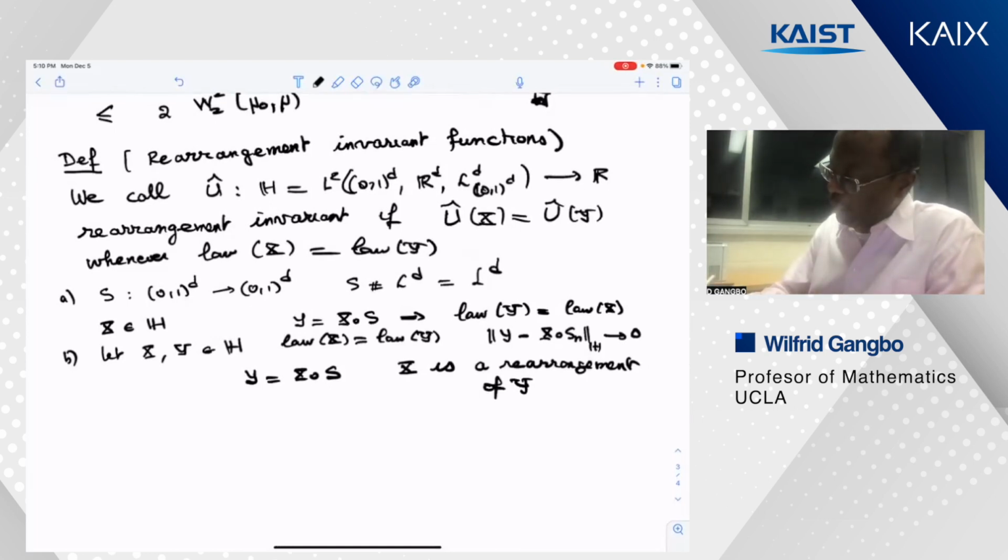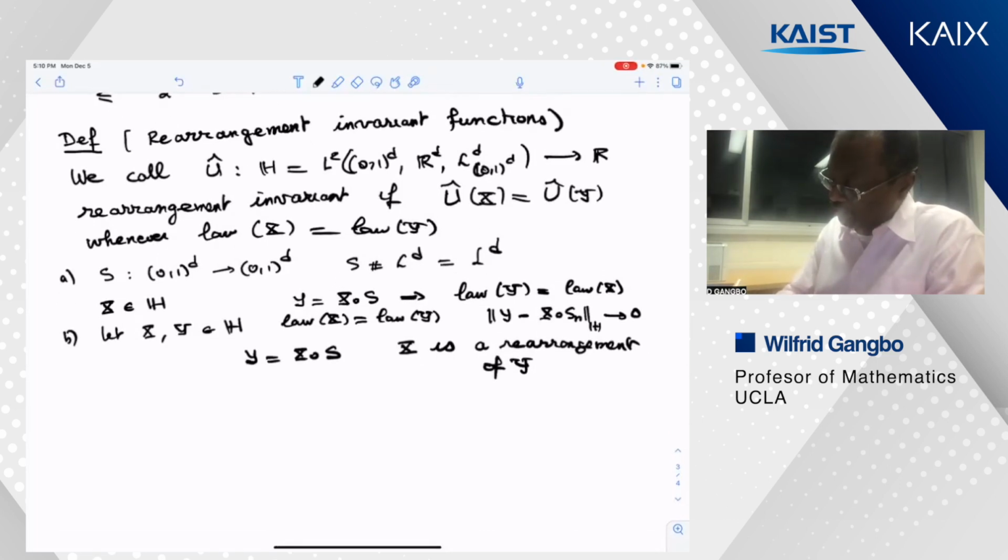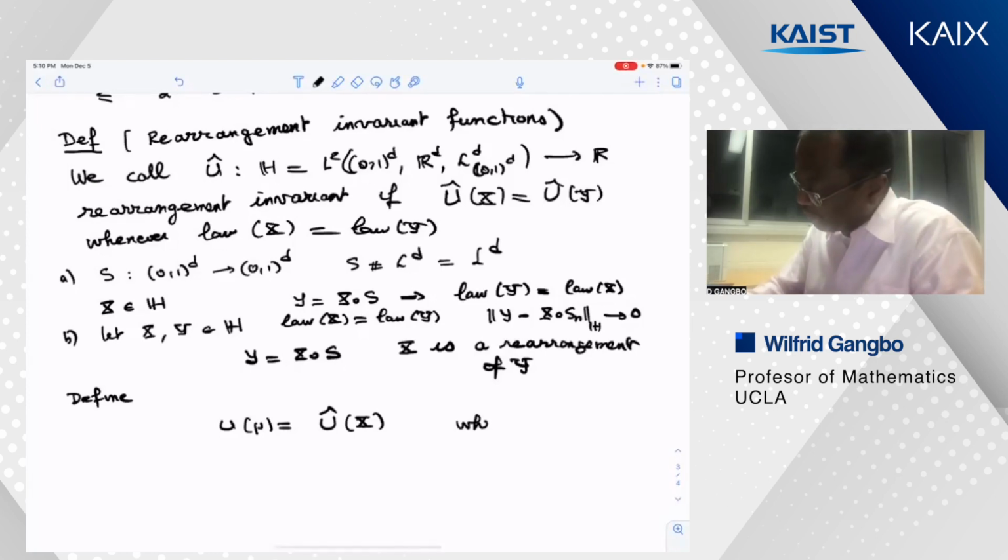So when U is rearrangement invariant, we can define U of mu as U hat of X, where the law of X is mu.